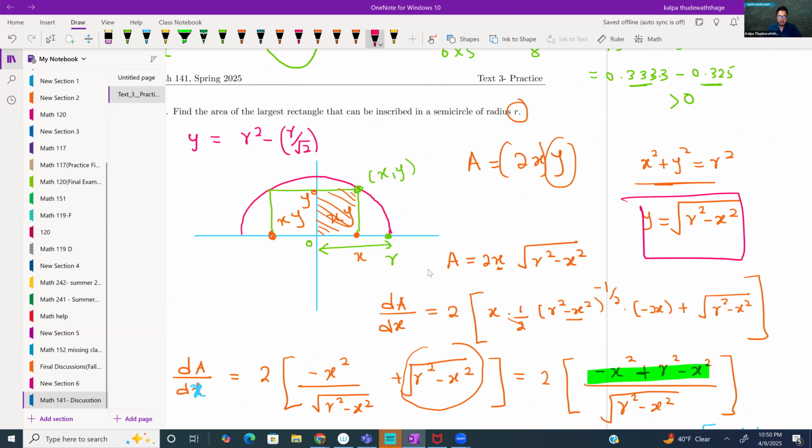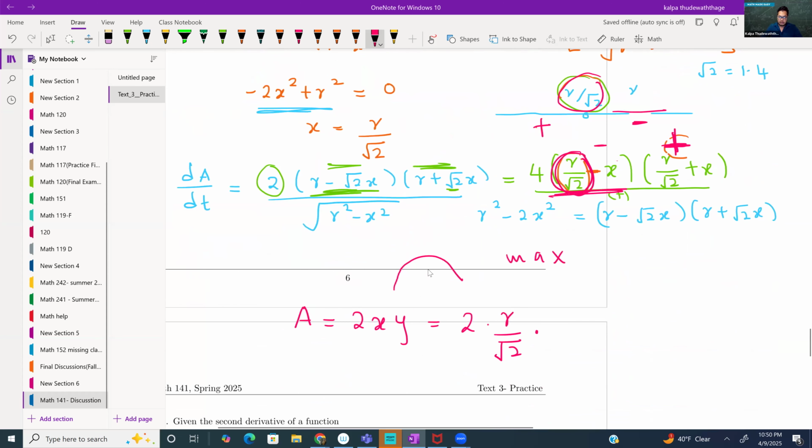If I square that and then take the square root, I get r over root 2 again. Please do that calculation. So the area of the maximum rectangle you can inscribe in the semicircle will be r squared, because root 2 cancels out, since 2 cancels with 2.